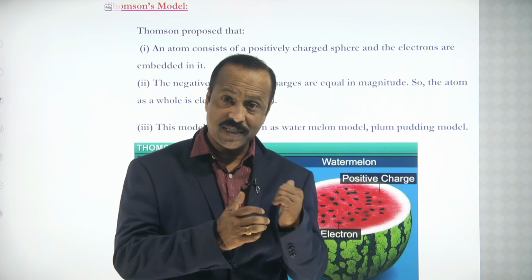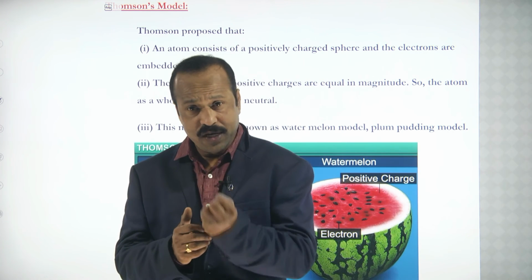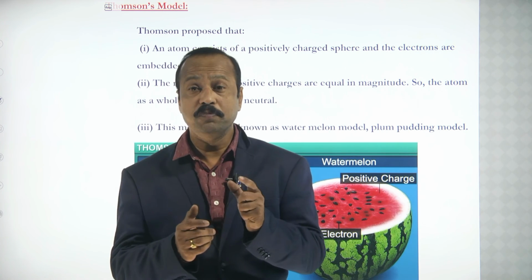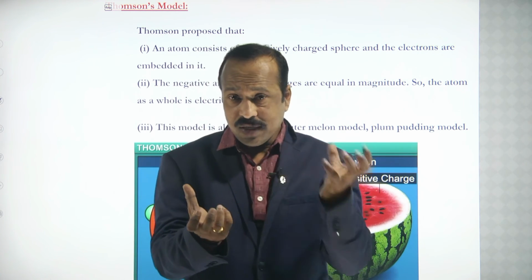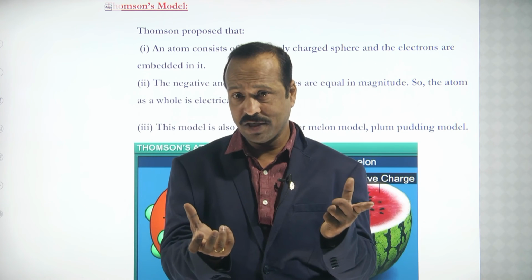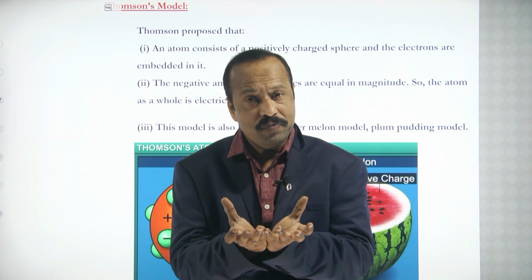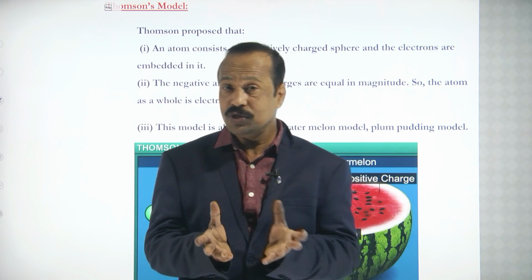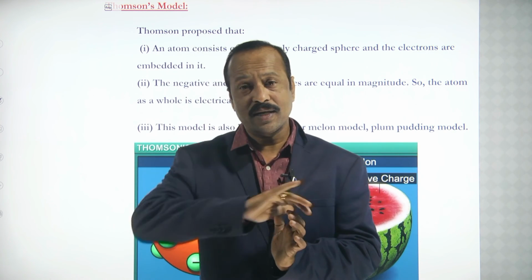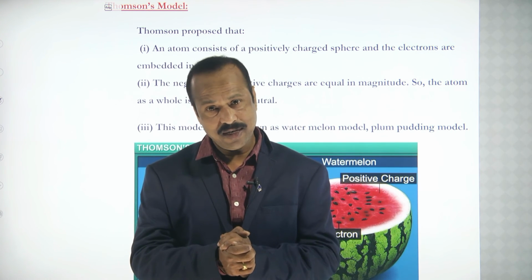He discovered electrons, which are negatively charged particles. If the atom should be neutral, there should be an equivalent amount of positive charge to the electrons. If only electrons were present, the atom would possess only negative charge. But the atom is neutral, meaning there is some positive charge equal to the negative charge, right?